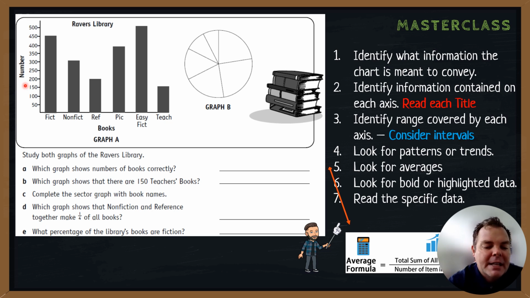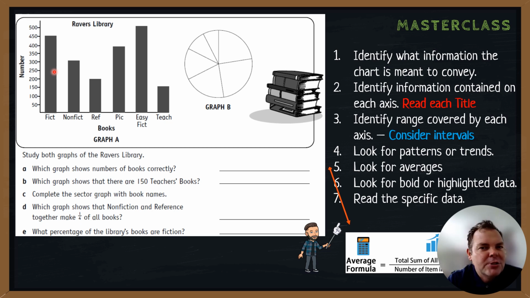Sometimes the hardest part when you're choosing how to present information on a graph is deciding what those intervals are going to be. How can I best illustrate my information? If I've got all my bars right down the bottom here and there's not much information there, it's not going to be the best way of showing it. So I would need to fix up my intervals so that I've got a nice difference in my data sets, as you can see there.